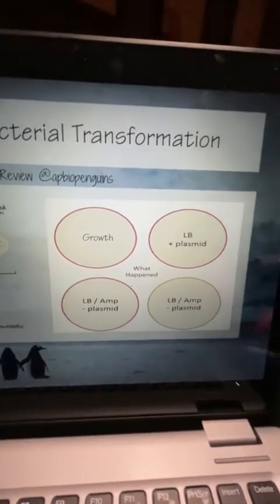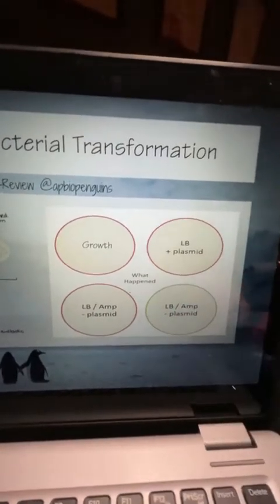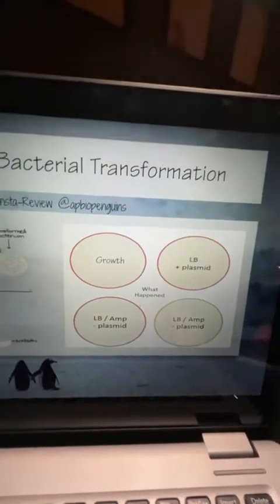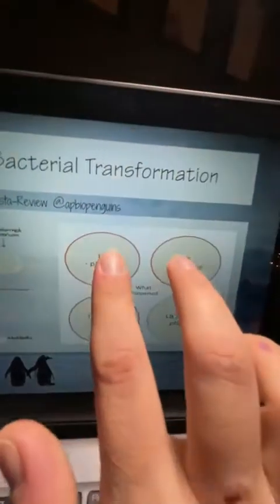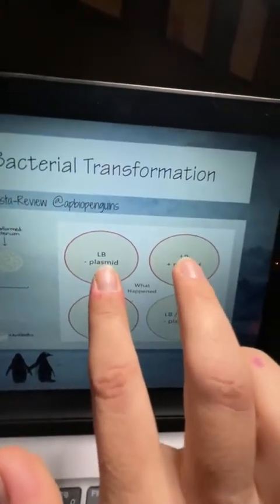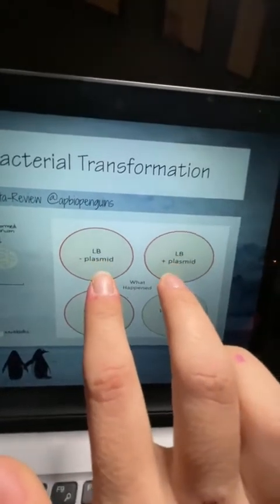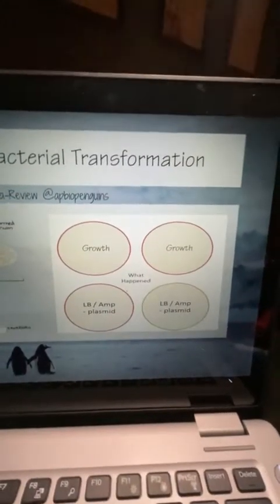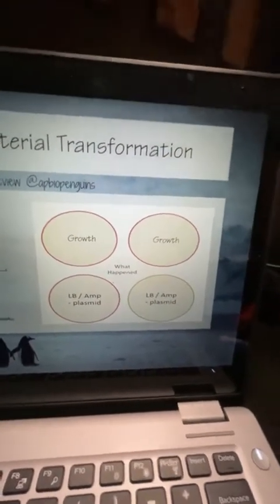Then, on the plus plasmid plate, we would also expect a whole bunch of growth because we're doing this to ensure that these are viable, that our bacteria is still surviving. Okay. If either of these were blank, that would mean that we killed our bacteria in the process. So we would have to repeat our experiment.